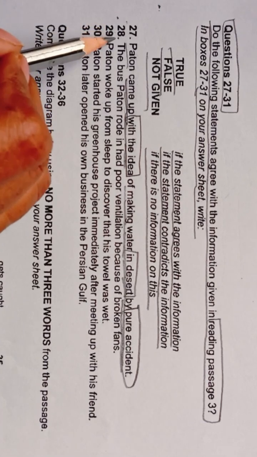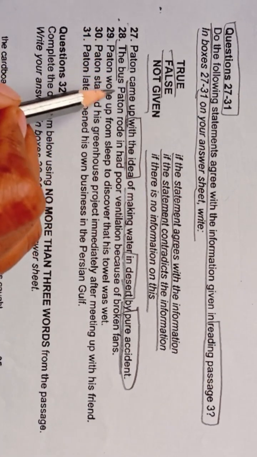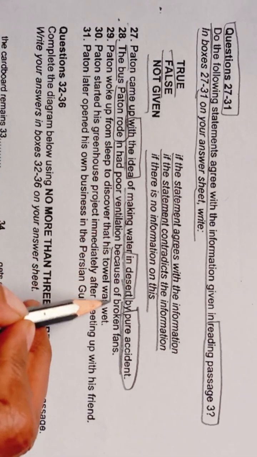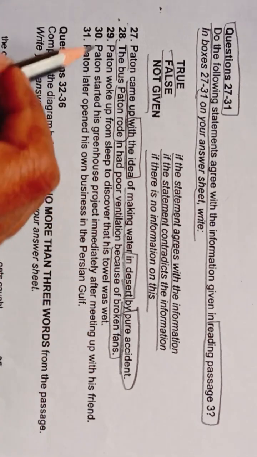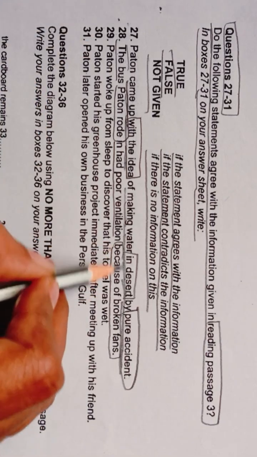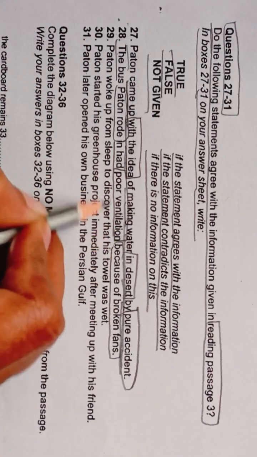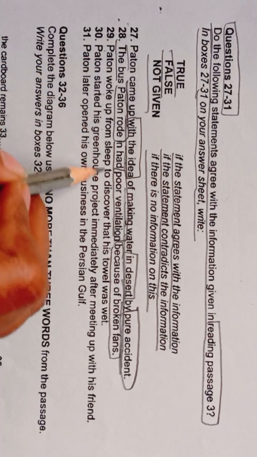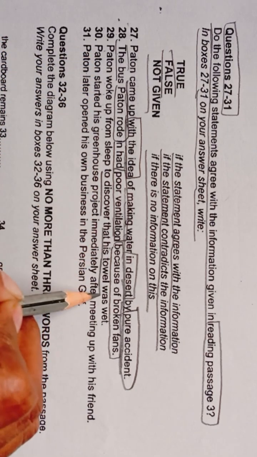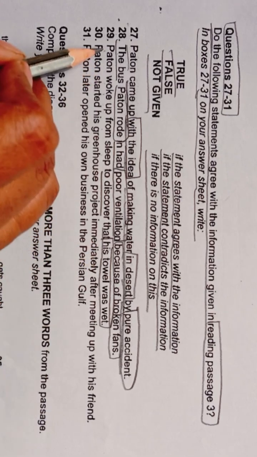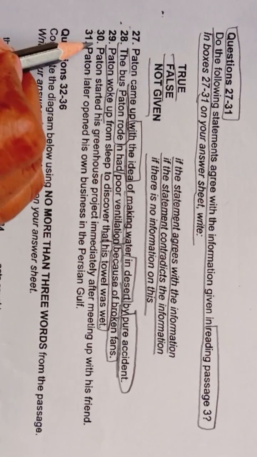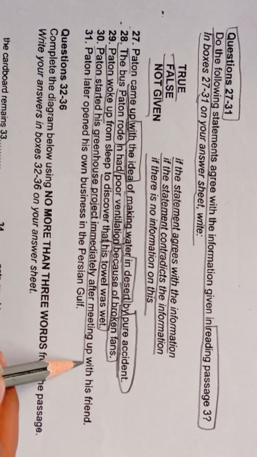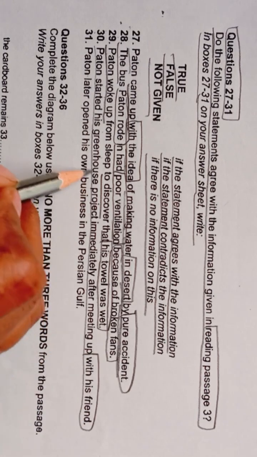Let's move forward. The bus Patton rode in had poor ventilation because of broken fans. Number 29, poor ventilation. Patton woke up from sleep to discover that his towel was wet. Number 30: Patton started his greenhouse project immediately after meeting up with his friend.